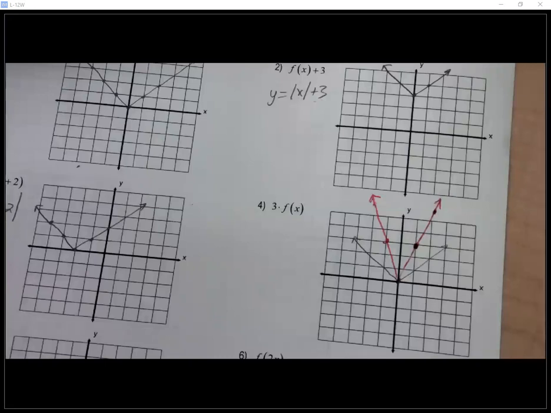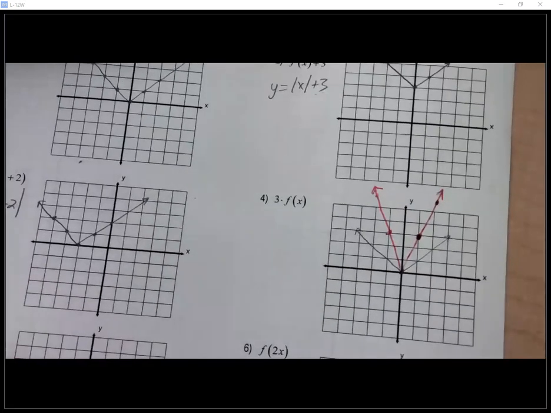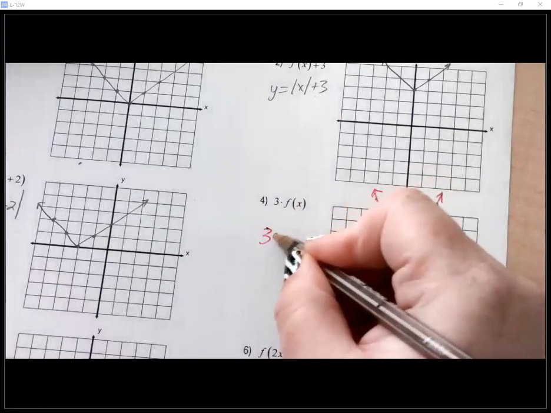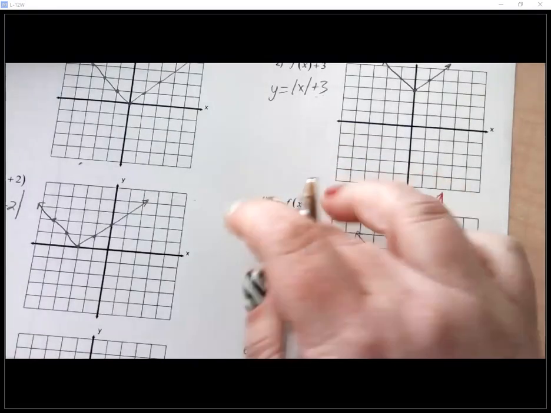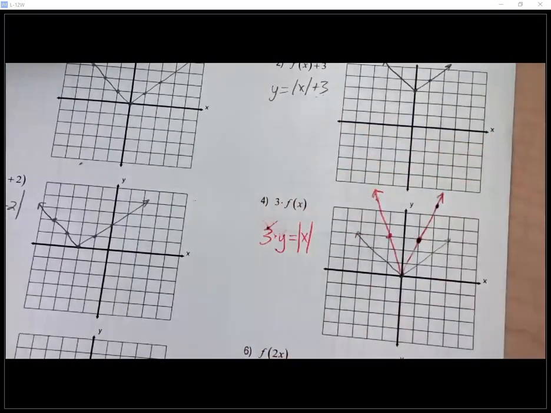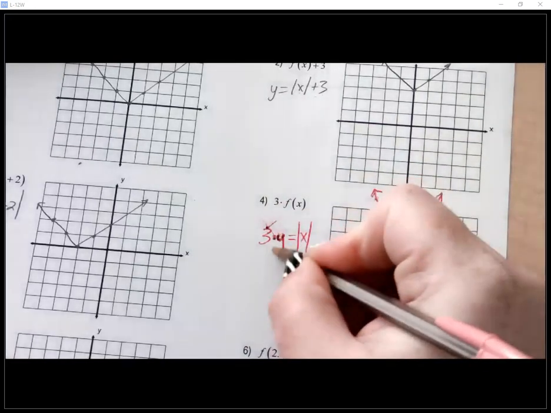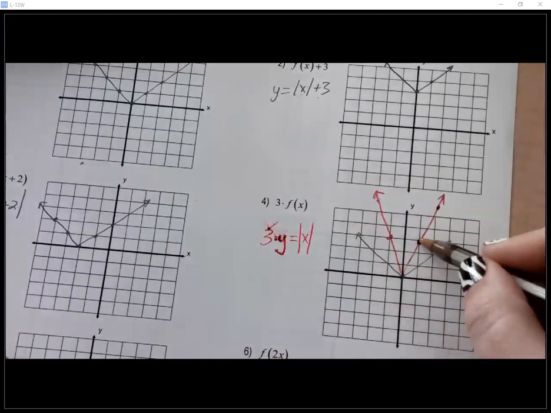Okay, so far so good? If you want to check a point, not a bad idea. So now remember, this is 3 times the function. So I'm going to do 3 times y equals x. Oh, absolute value of x. Oh no, this is not working out too well. So let's see, according to my graph, when x is 1, y should be 3.